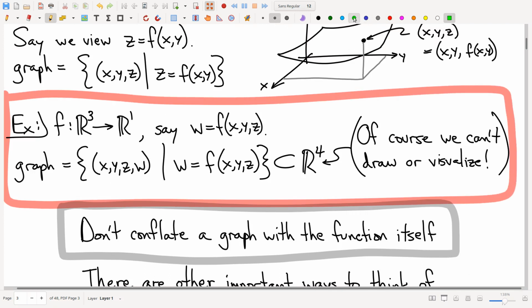If I have a function of 3 input variables. Okay, so 3 inputs go first. There's only one output. Okay, fine. That output goes next. The graph consists of a bunch of points that look like this. Those are points in 4 dimensions. I cannot draw that or visualize that. Game over, we lose. That make sense?